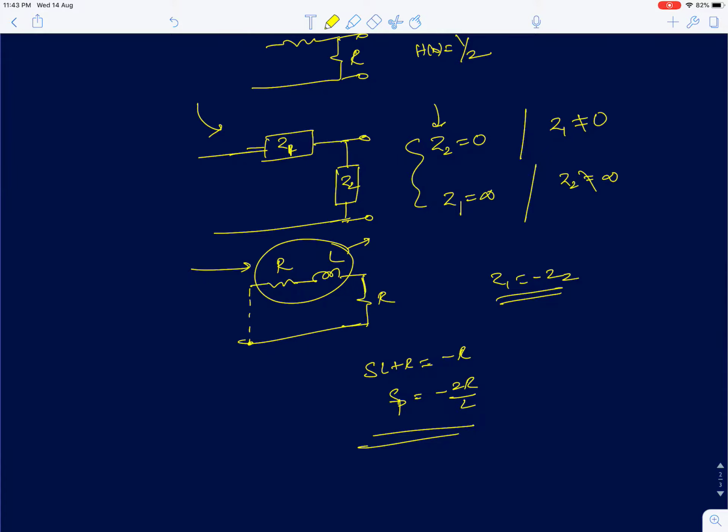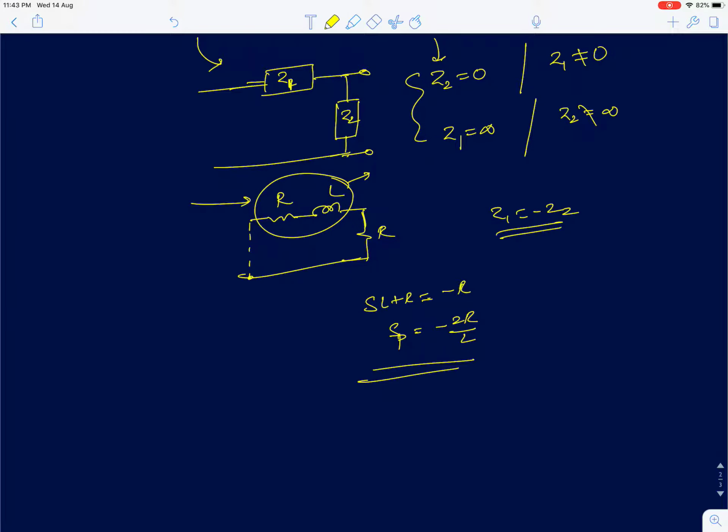Or you can simply find the effective resistance seen by the single inductor, because in most first order circuits you can have a complex network of resistors and just one inductor, or you can have many inductors and just one resistor. So in both the cases, if you have one inductor and many resistors, you just have to find the equivalent resistance seen by the inductor.